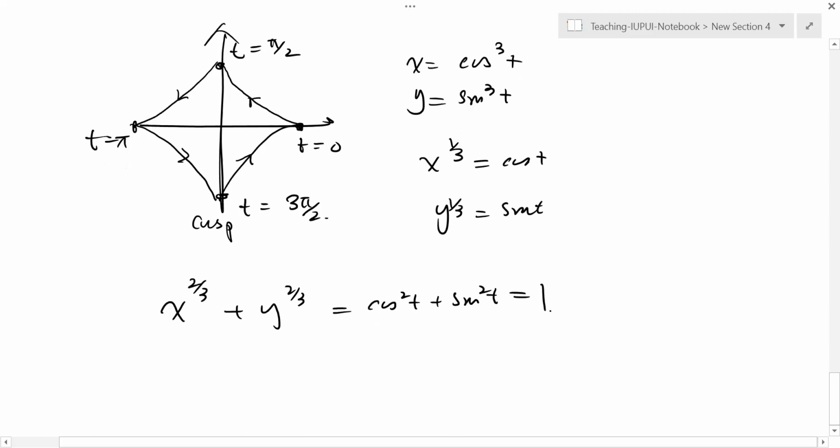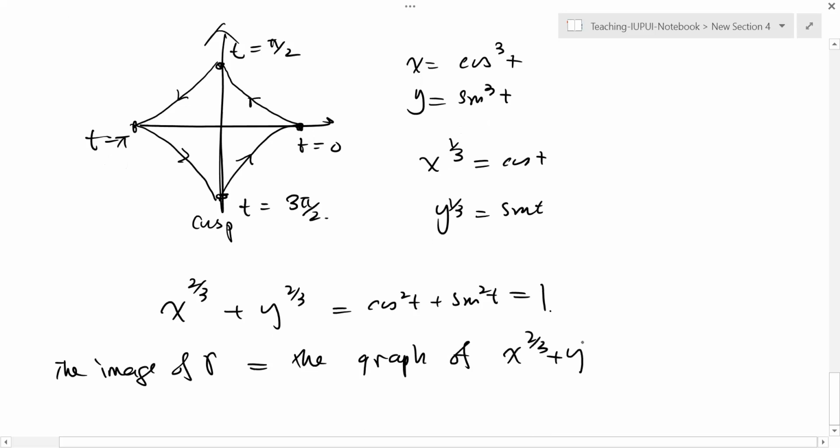So the image of gamma is going to be the curve determined by this equation, the graph of this equation.